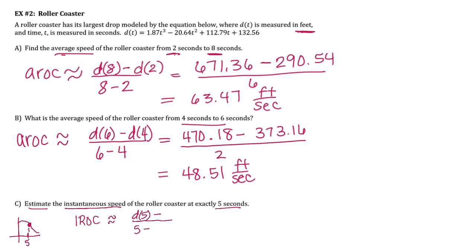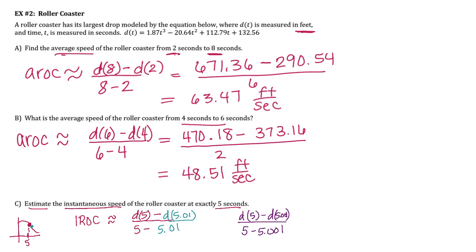So in other words, we need to get maybe right about here and say maybe D at 5.01 minus 5.01. And so even if we wanted to approximate even closer, we could also say maybe D at 5 minus D at 5.001. You could even get closer over 5 minus 5.001. So you're getting closer and closer here.